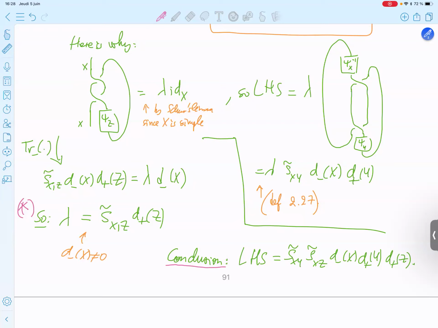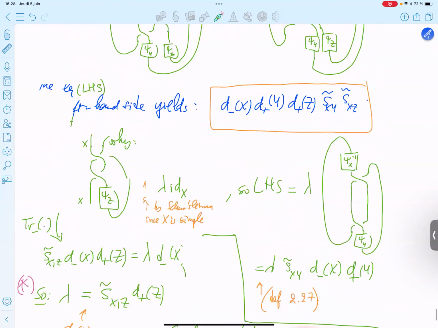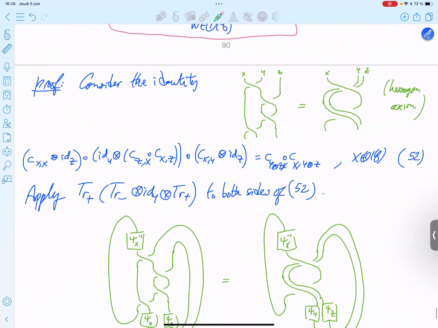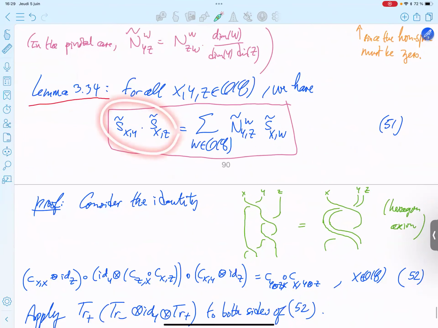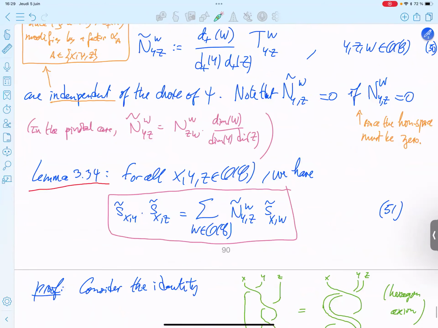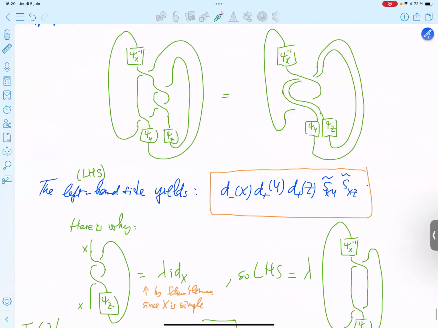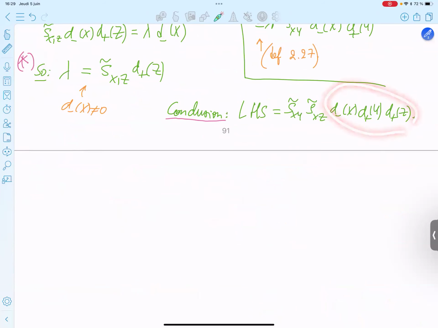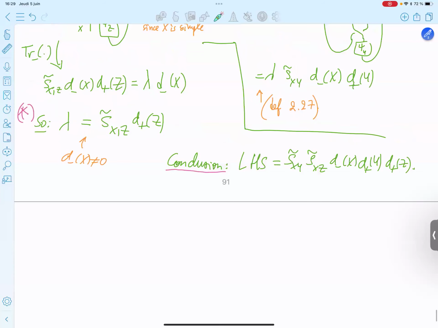So we know what the left-hand side is. It is exactly the left-hand side of the Verlinde formula, and we also have this factor, which will be moved to the right-hand side, and we'll simplify a bit.